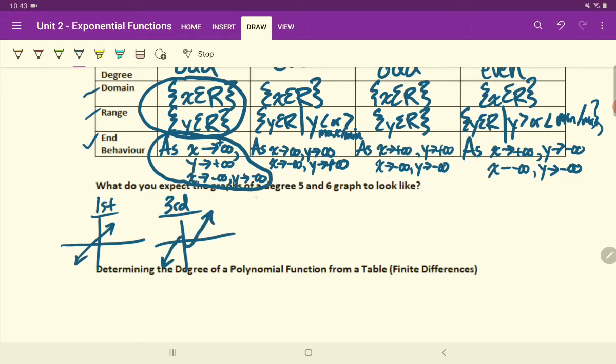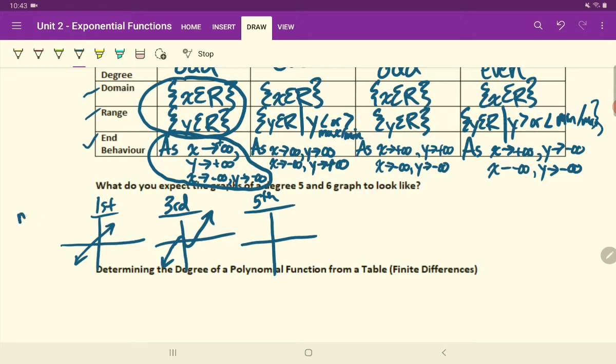What do you think a 5th degree might look like? If you guessed another turning point, you were right. So if cubic has 2 turning points, a 5th degree equation will actually have 4 turning points.